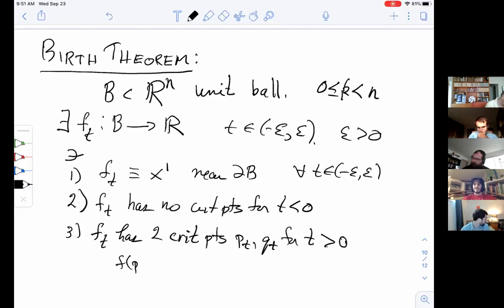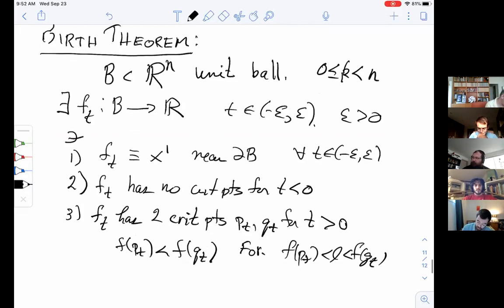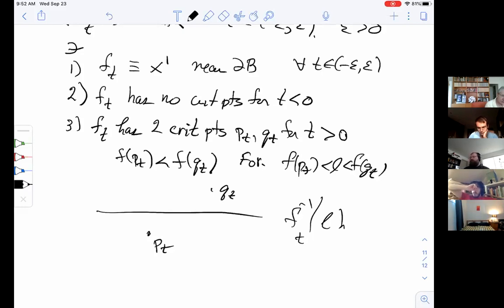f of p_t is less than f of q_t, and for any intermediate level L, same sort of thing I've been doing before. Here's the intermediate level between p_t and q_t. Oh, I forgot to say the indices. I'll say that in just a minute.